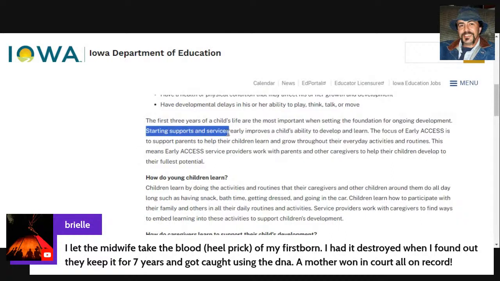The supports and services provided are taking away from the child's spiritual development and is a detriment. That is my sincere, deep-seated belief and opinion.